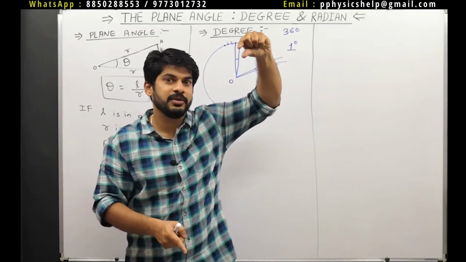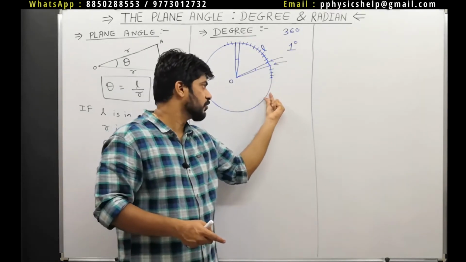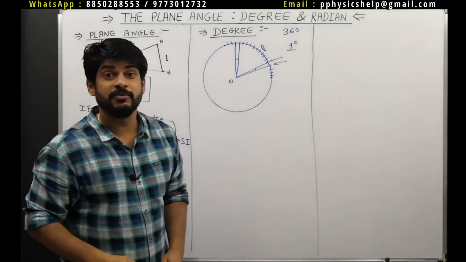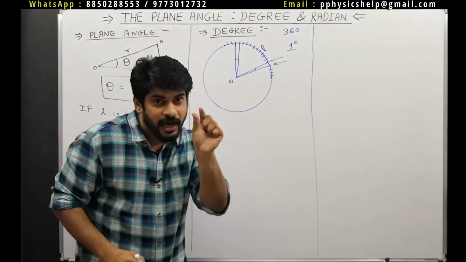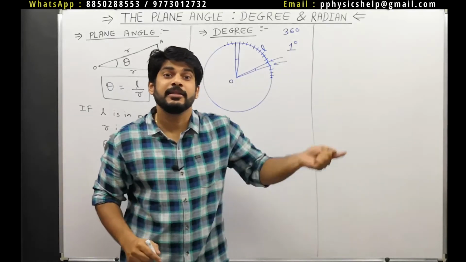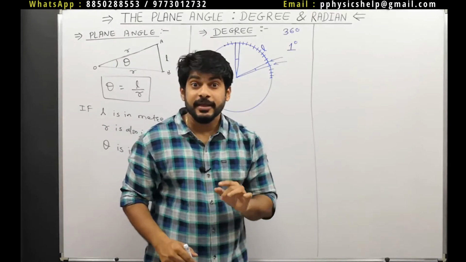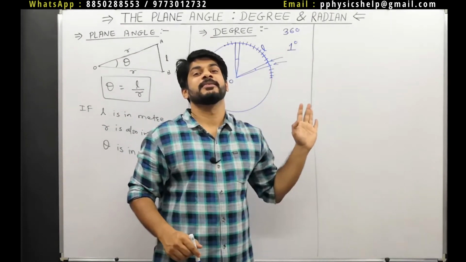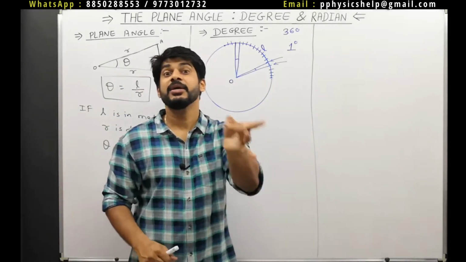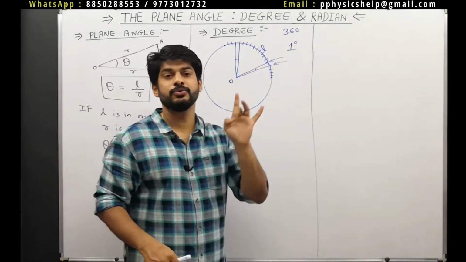So that means there are exactly 360 small arcs on the circumference of the circle. Each arc is subtending a certain angle with the center, and that angle is called 1 degree. I hope you have got this idea about how exactly we define 1 degree.